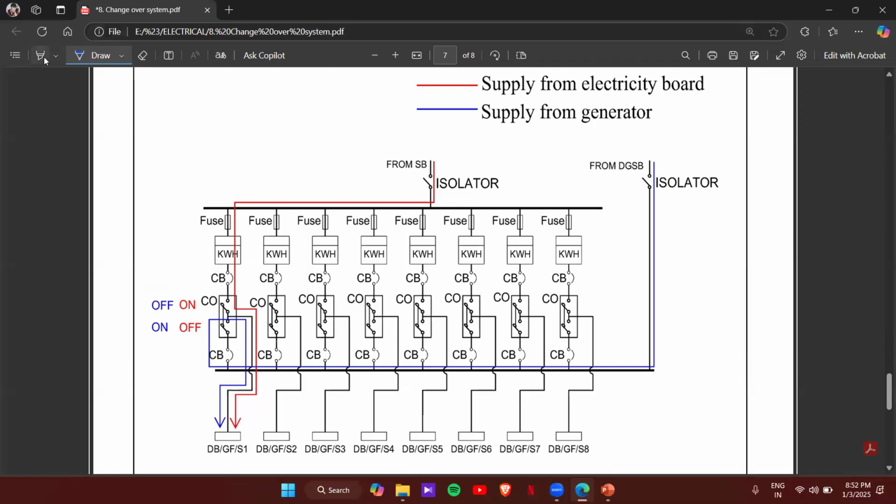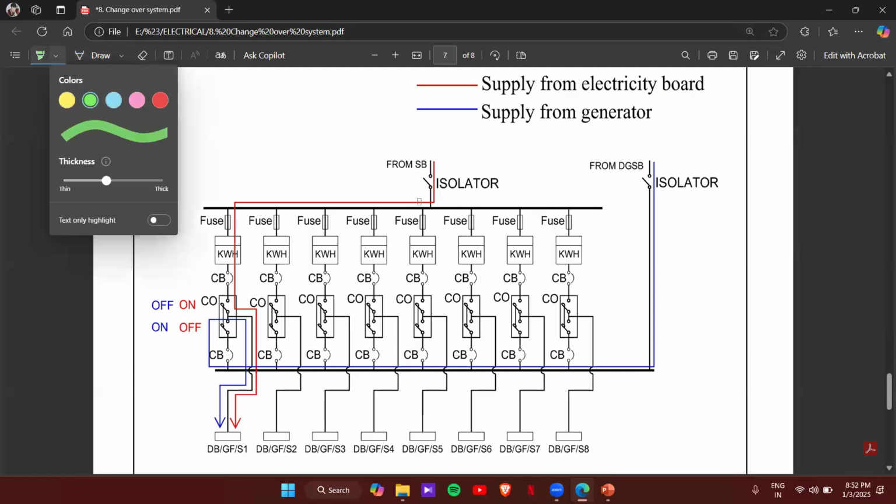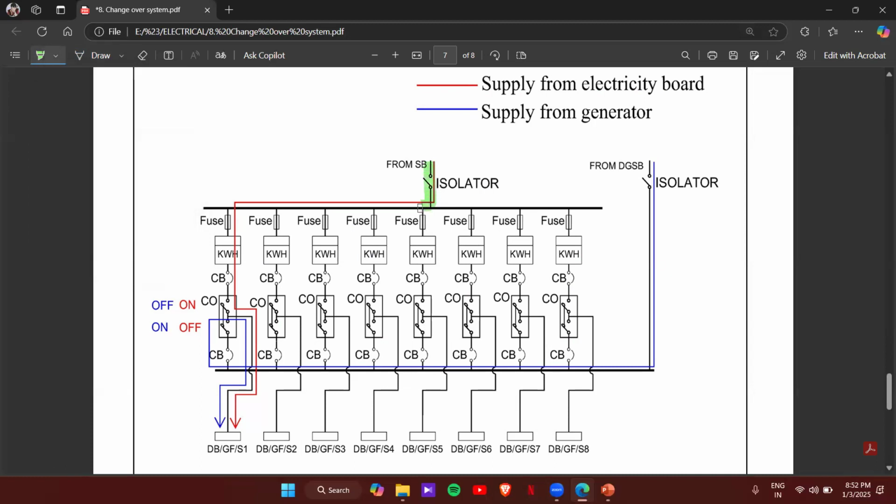In the normal condition, the first circuit breaker will be in on condition and this circuit breaker will be in off condition. Then we have the changeover. You can see that two contactors are provided: first one contactor, then below that one more contactor.